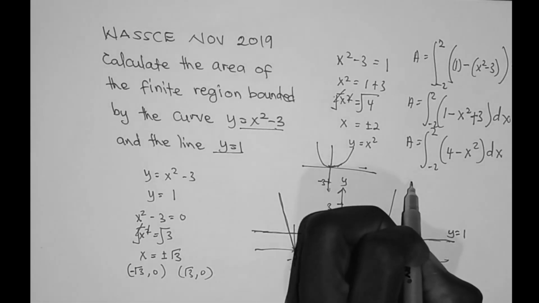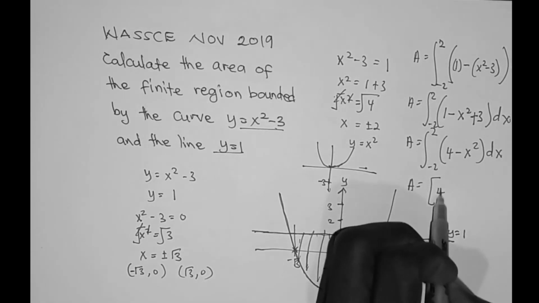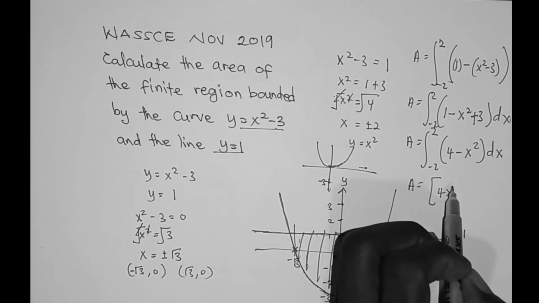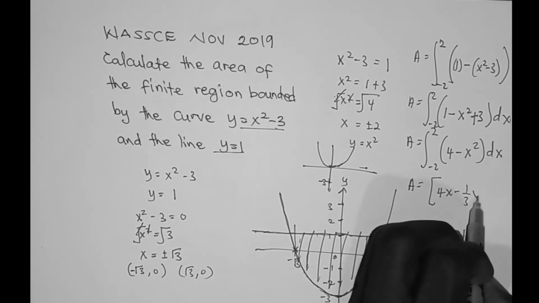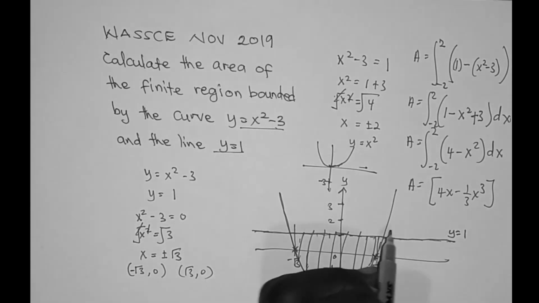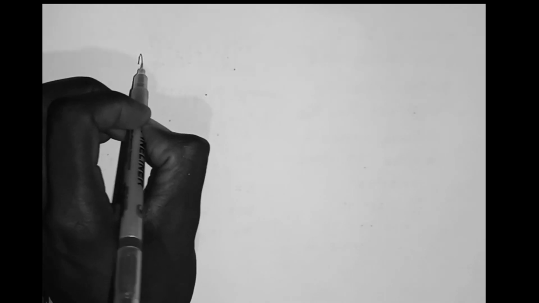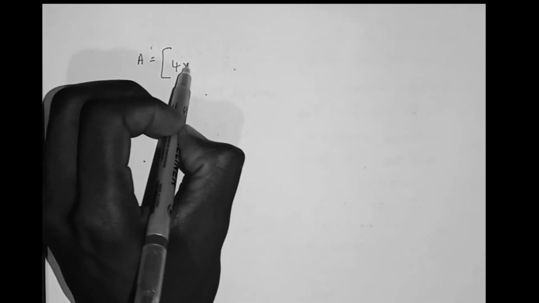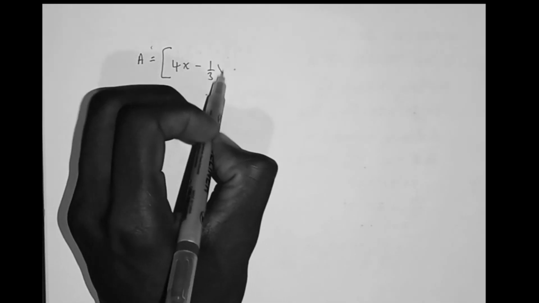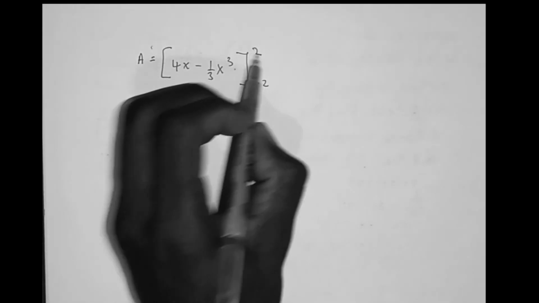So let's go ahead and do the integral. A is equal to, if you integrate 4, you get 4x. And if you integrate minus x squared, you get minus 1 over 3 x exponent 3. And this is evaluated from minus 2 to 2. So A equals the bracket 4x minus 1 over 3 x exponent 3, evaluated from minus 2 to 2.